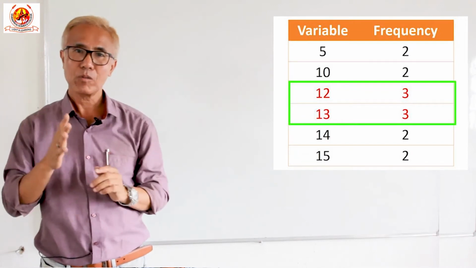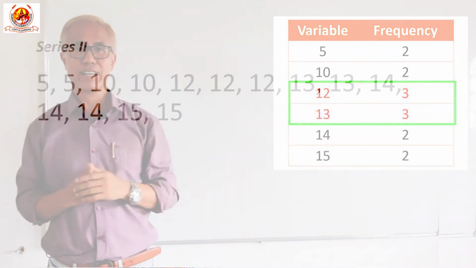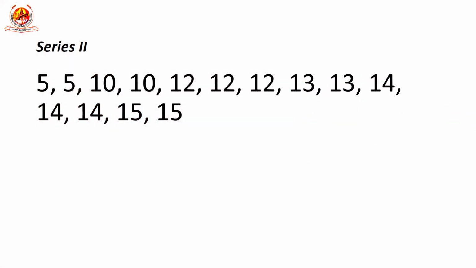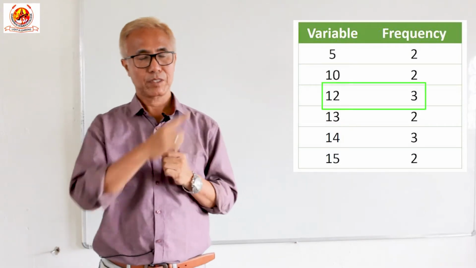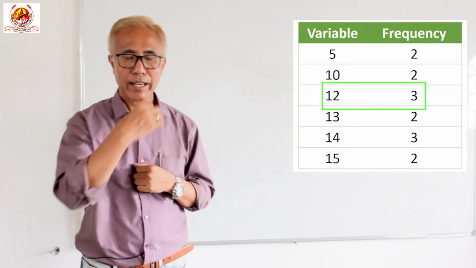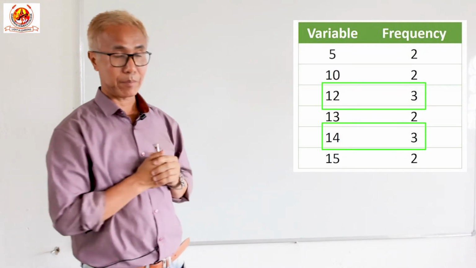Okay. Now let us have the next condition. Look here: 5 is occurring 2 times, 10 is occurring 2 times, 12 is occurring 3 times, 13 is occurring 2 times, 14 is occurring 3 times, and 15 is occurring 2 times. 12 is occurring 3 times, and 14 is also occurring 3 times.